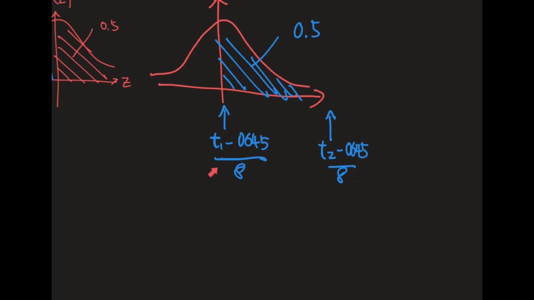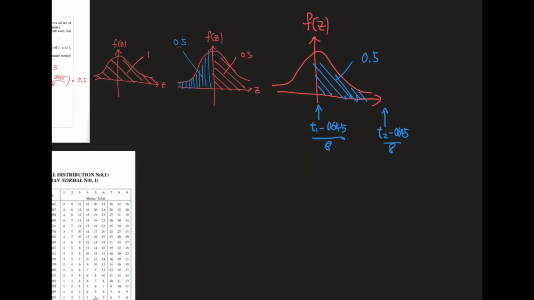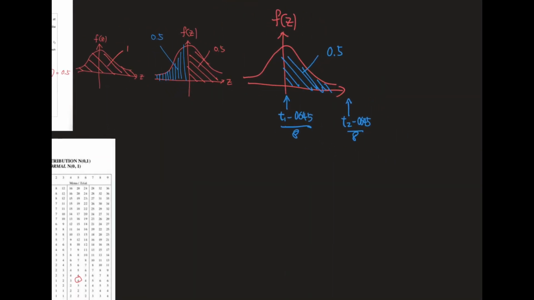Then these two, T1 and T2, are very far apart, which is not the shortest interval. So in what situation can we have the shortest interval? You just take it like this.